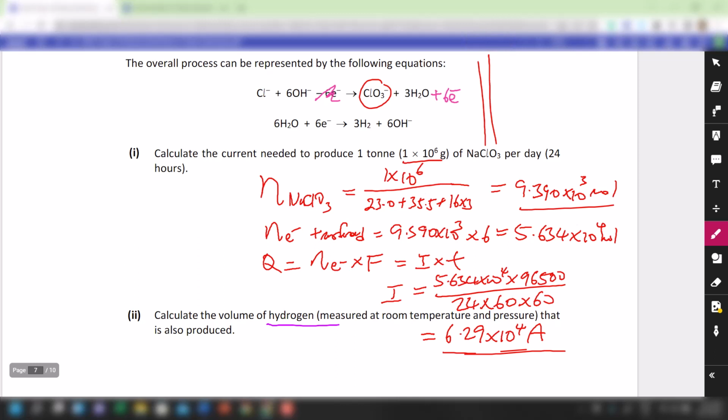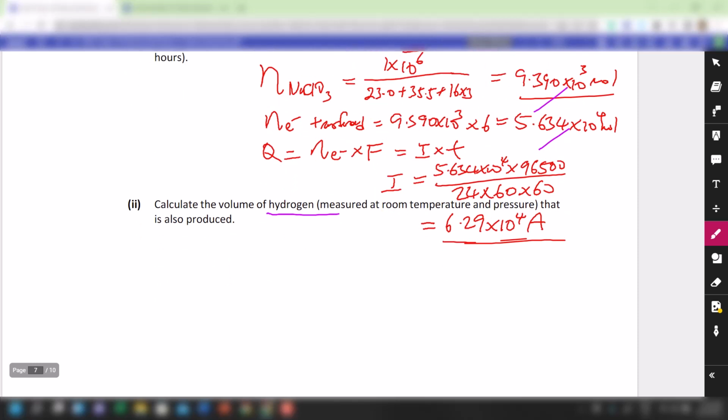That means the ratio will be 1 equivalent of ClO3 minus to 3 equivalents of hydrogen gas. One way you can do it is simply to multiply this value by 3, or you can simply divide this value by 2. It's up to you how you want to do it. You can just straight away calculate.